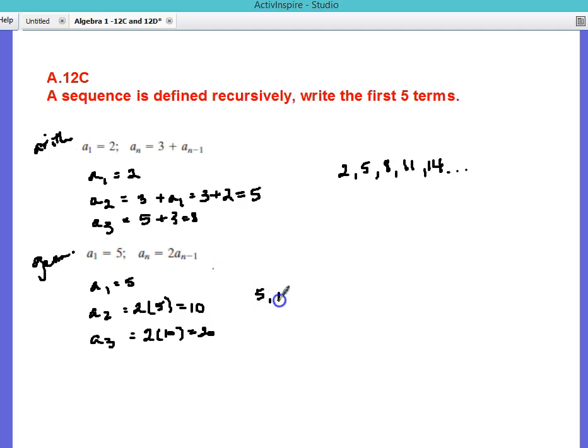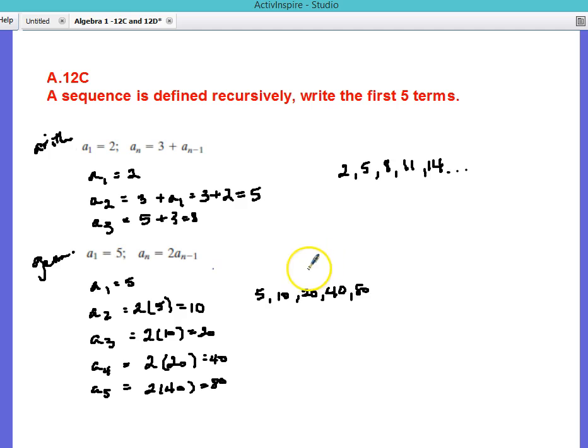So 5, 10, 20, and we can do this a few more times. A sub 4 and A sub 5. Two times 20 is 40, times 40 is 80. Sorry, my computer's slowing down more and more, so I'm getting a little messier here.